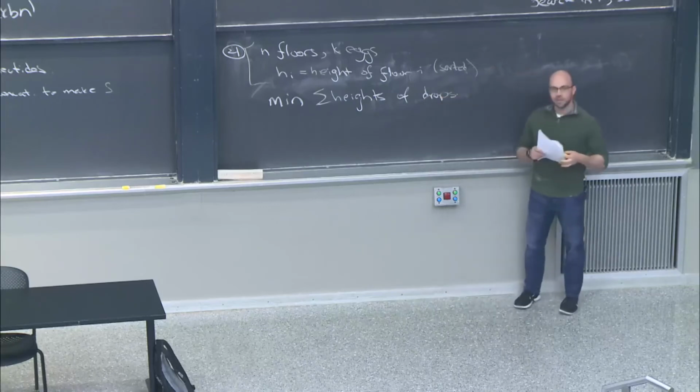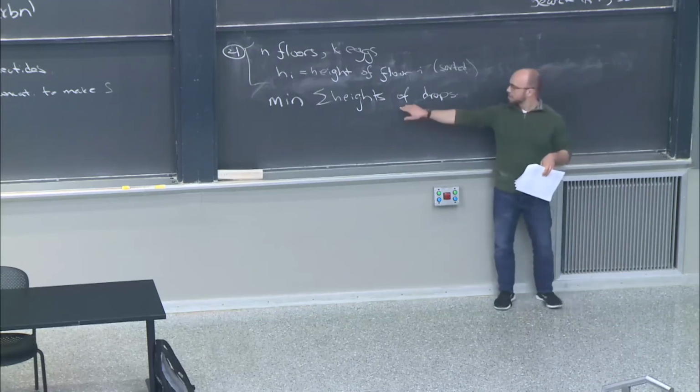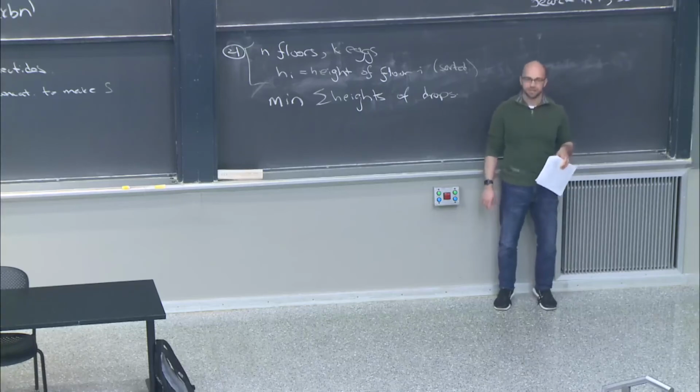So you're trying to determine the mechanical property of your egg by designing an experiment, a procedure that minimizes the number of times that you need to drop eggs, because every time you do, you got to run all the way back down the stairs and go look at the pavement and see if the egg broke or not. That's a lot of work.